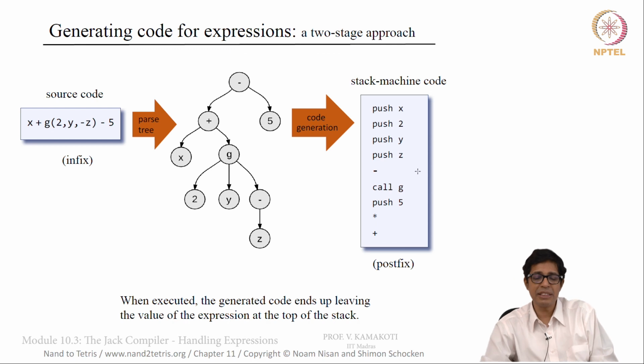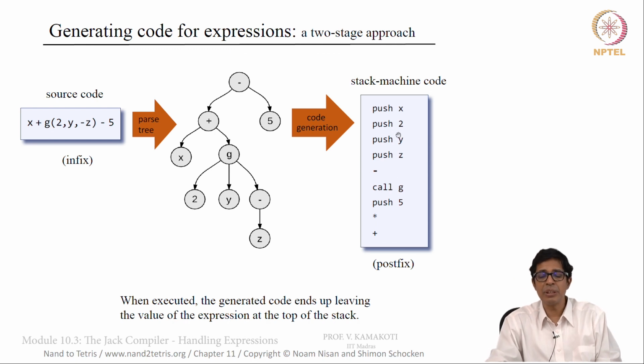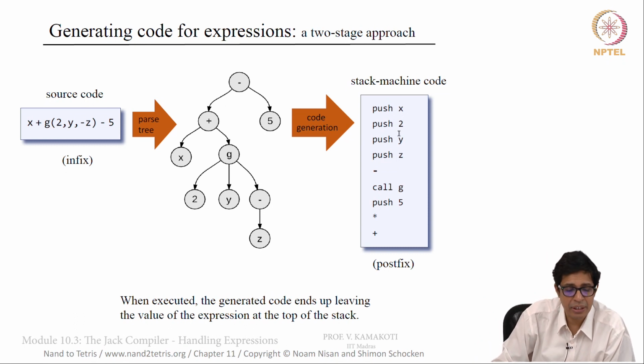At the end of this call g, I know that the arguments 2, y and minus z, which were at the top of the stack, are removed, and only x remains on the stack, and after call g finishes, the result of g of 2 comma y comma minus z will be on the stack.